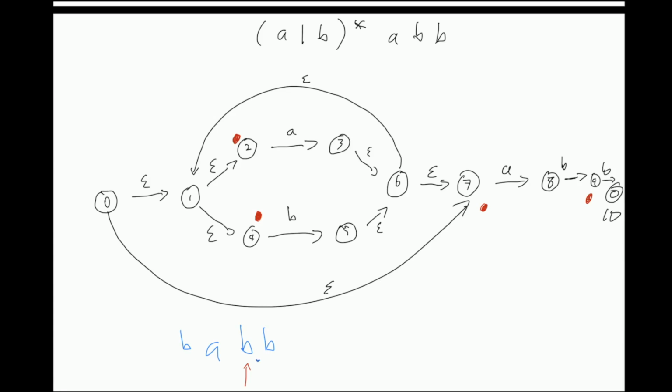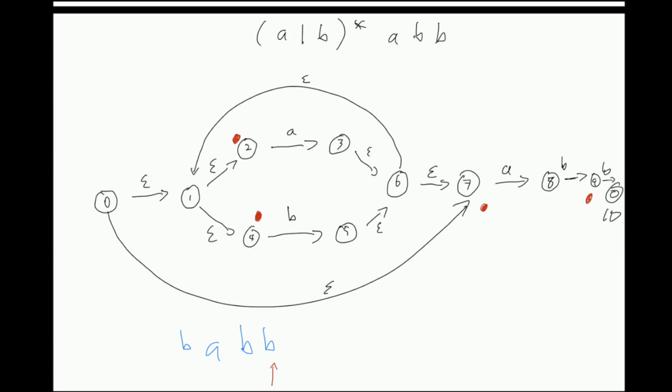And now we can again read B. Right, so I didn't move the pointer. So now we're on B again. Okay, so we're in these 4 states.